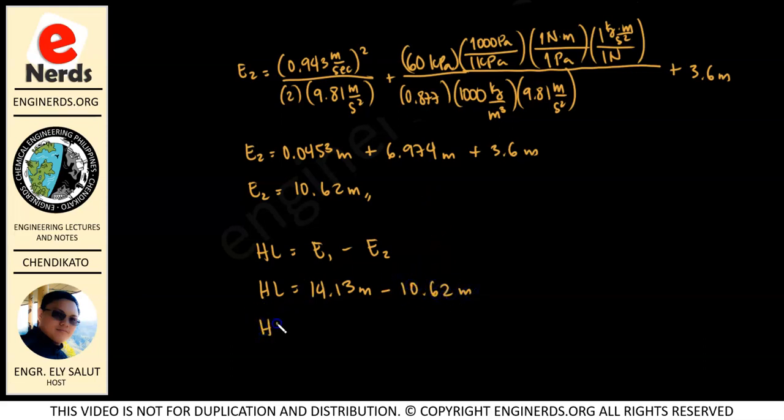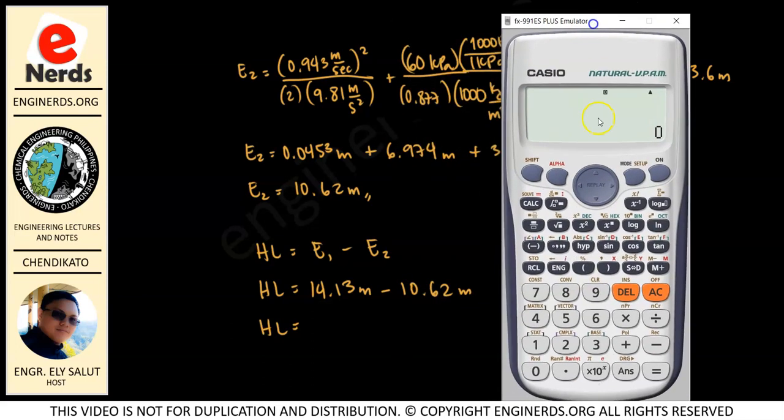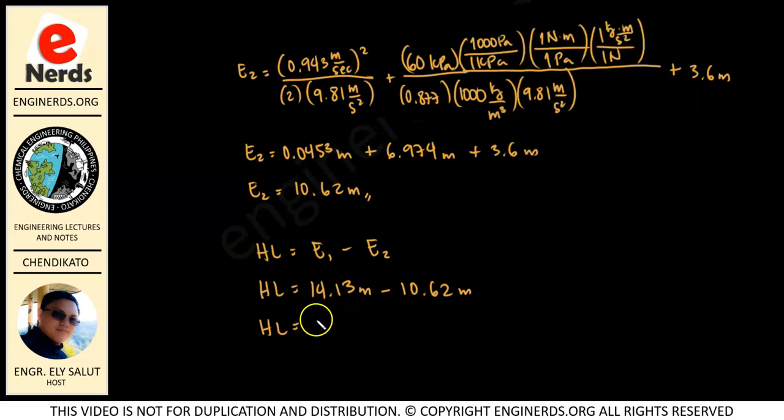So therefore, our head loss is equal to 14.13 minus 10.62, which is 3.51 meters. So yan ang ating head loss. So this is our final answer here.